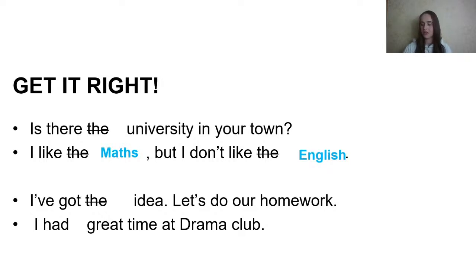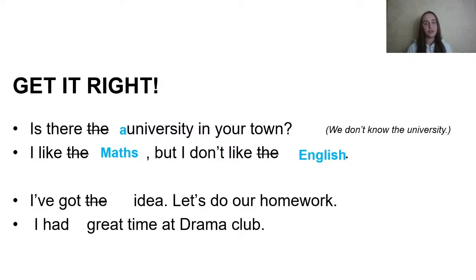Think about university. Do we talk about a particular university, like this very particular university that we are looking at right now, or is there something different? Arthur says "a", and that is correct, yes. So, is there a university in your town? In other words, you might say "any".